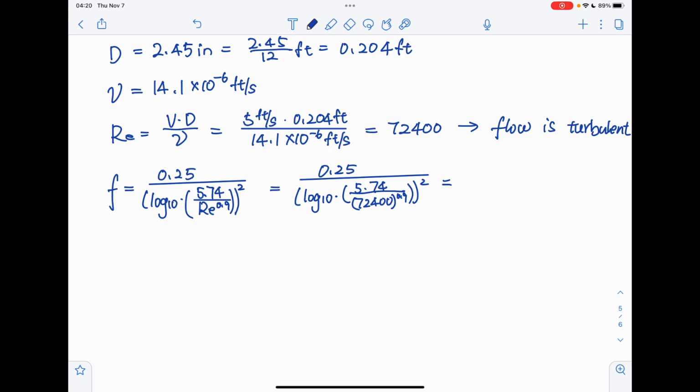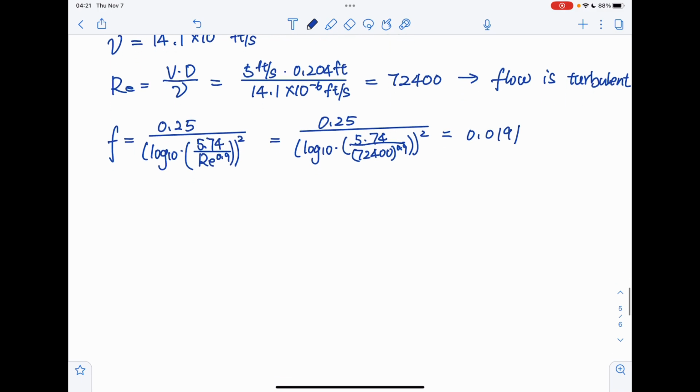So we will have a friction factor of 0.0191. Please note that this equation is only valid for turbulent flow. If it's not turbulent, we will have another term in the log function, so we need to find the Ks and D values to do the calculation.